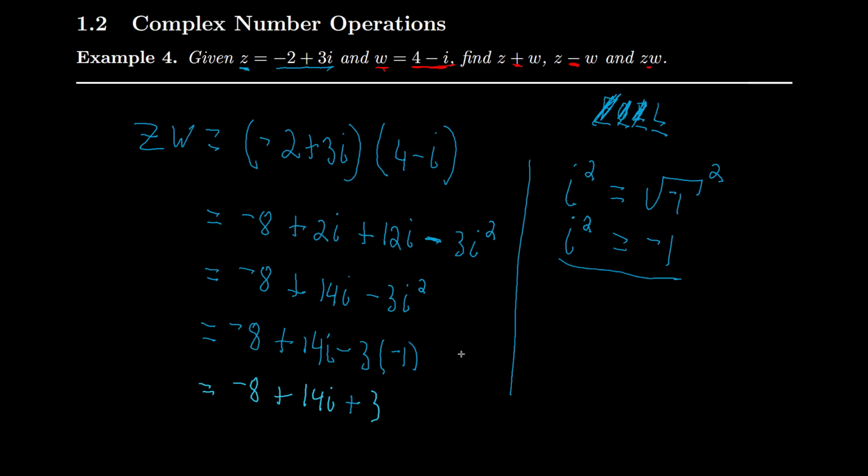And then we combine the negative 8 and the 3 together to get negative 5 plus 14i. So z times w, that is negative 2 plus 3i times 4 minus i, is just negative 5 plus 14i. That is what we end up getting when we do this multiplication. And you need to remember, and this will happen every time, that i squared is negative 1.